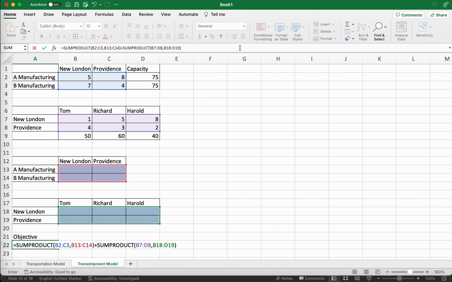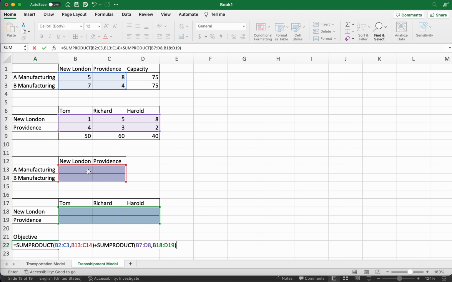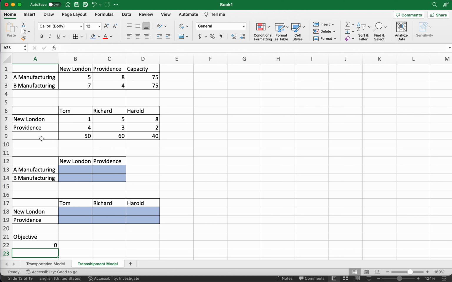Remember, capacity and demand values don't go into this formula. This is just the cost times the number of units. That is all that goes into the objective function. Now your objective function is here.